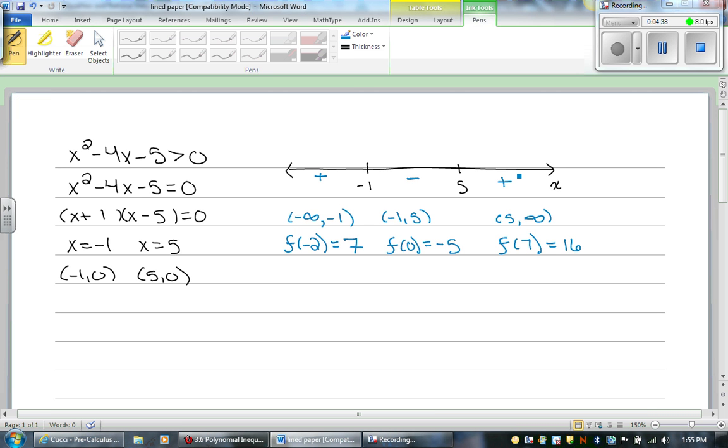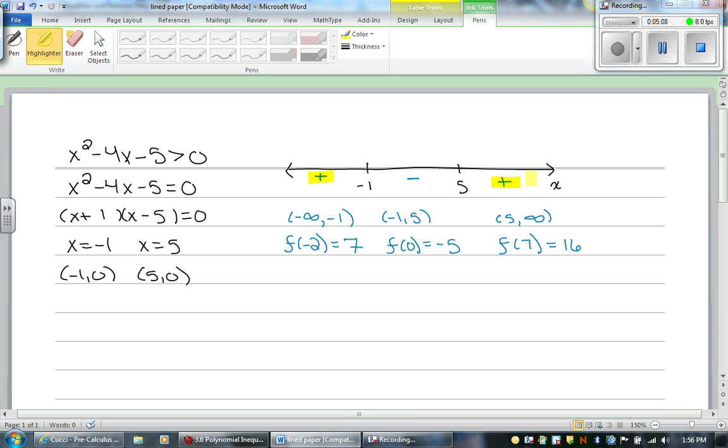So since we're solving x squared minus 4x minus 5 is greater than 0, the solution set consists of only 2 of the 3 intervals. Okay? Only 2 of these 3 intervals make sense. We want it to be greater than 0, which means it has to be positive. So what actually winds up being our solution are these intervals where the function is positive. It's greater than 0.